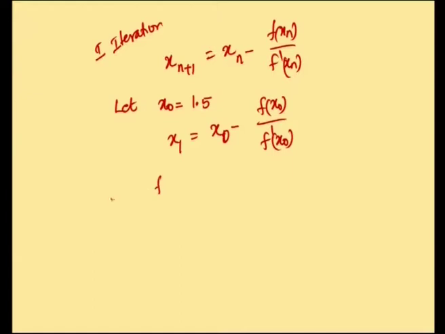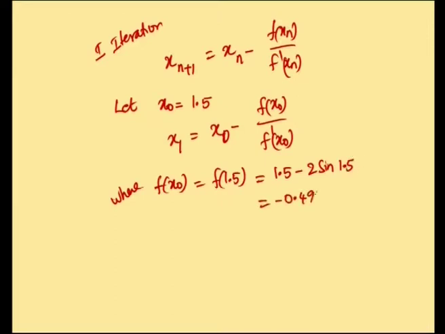Here f of x naught is equal to f of 1.5, which is 1.5 minus 2 times sine of 1.5, and we have found this value to be minus 0.494.